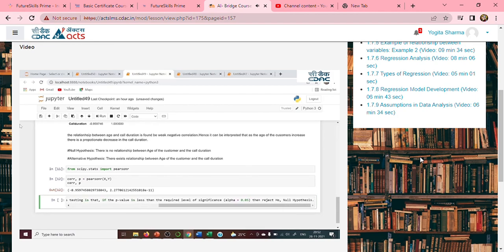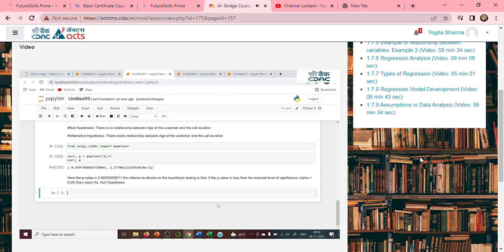This is how our interpretation goes. Let me turn this to a markdown. So in the above, the p-value is less than 0.05, hence we are rejecting the null hypothesis.